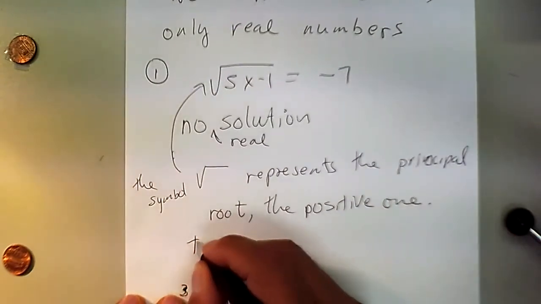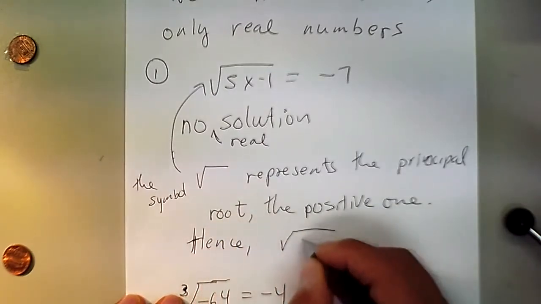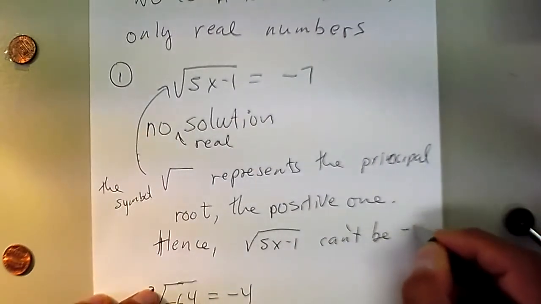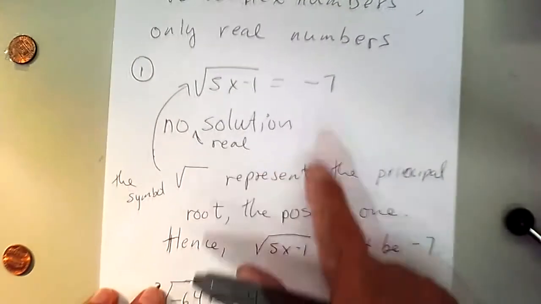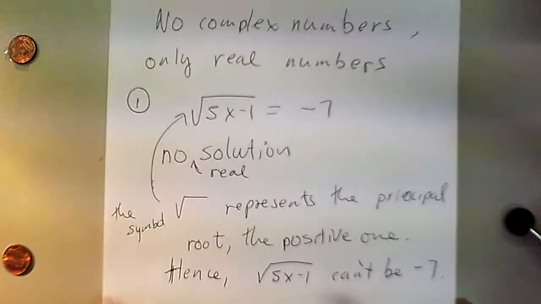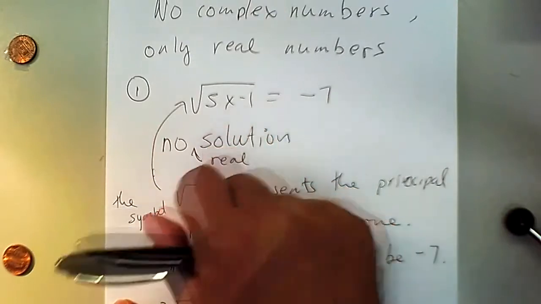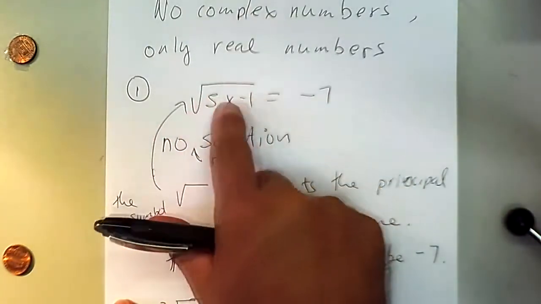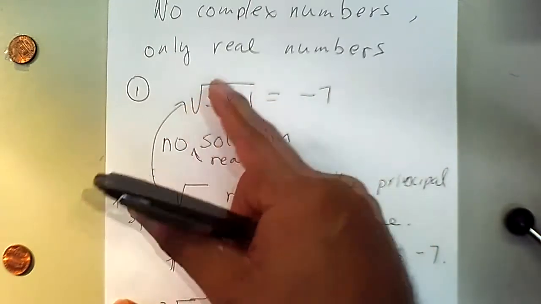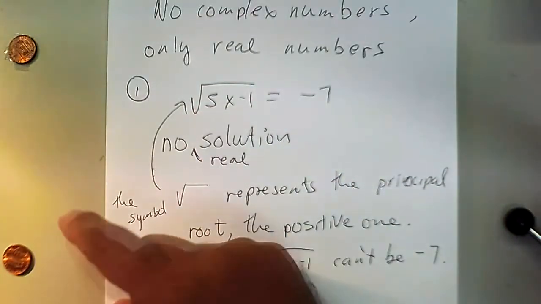Hence, the square root of 5x minus 1 can't be -7, because that is a negative number. So there is no solution at all whatsoever for that equation. Make sure you know that, because you can save yourself a lot of time. You can start solving this equation just to get to the point where you get a number and then you plug it back and it doesn't work.